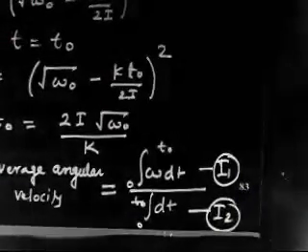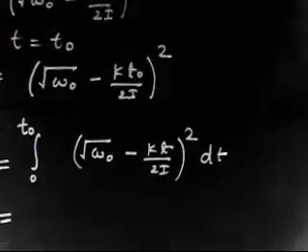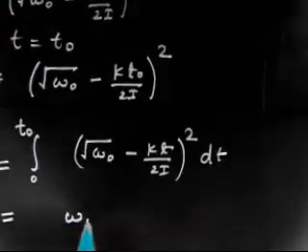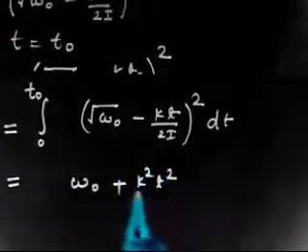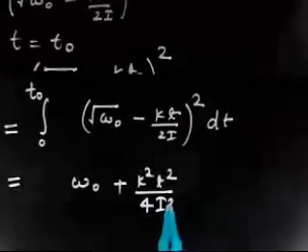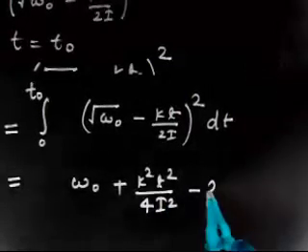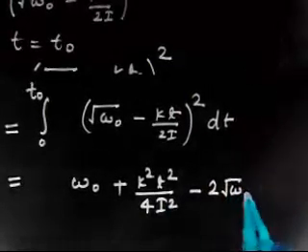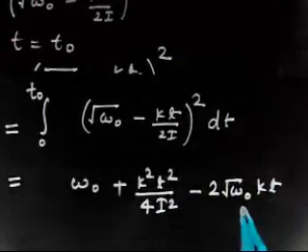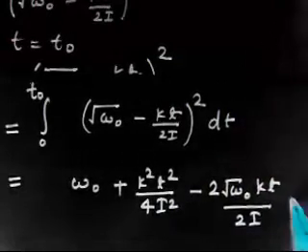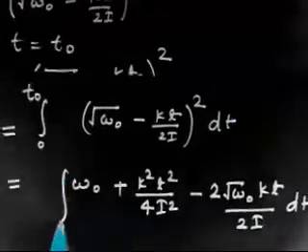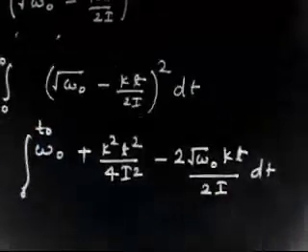So if I do this one, what we will have is omega naught plus k square t square by 4I square, minus 2 under root omega naught kt by 2I into dt, from 0 to t naught. Let us try to integrate this.